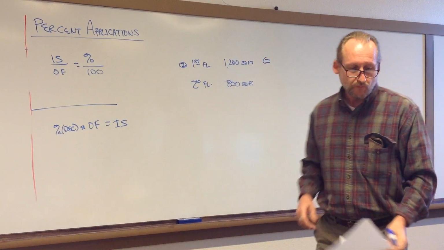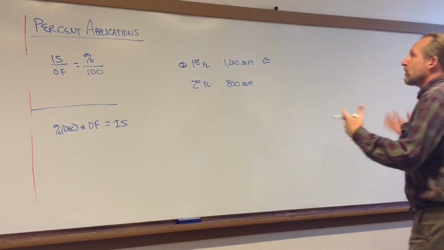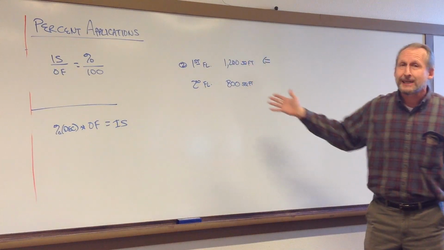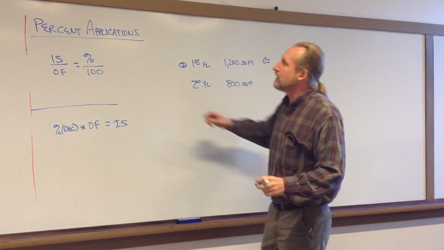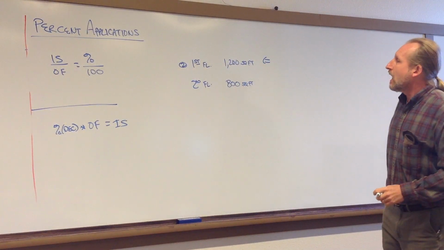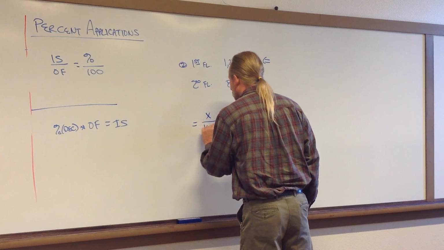So the question is, are we looking for is, of, or the percent? Notice that there's no percentage in the problem. That's usually an indication that we're looking for the percent. So that's going to be our x.